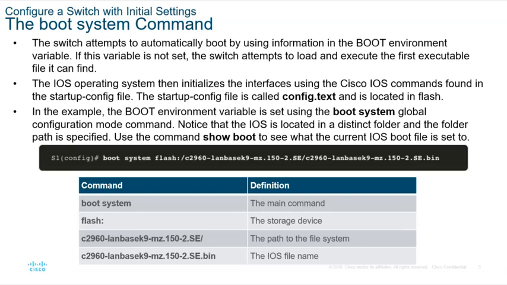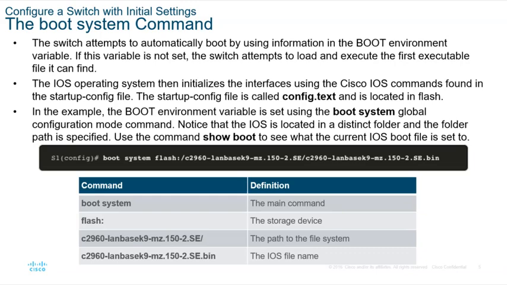So the boot sequence, the boot system command. The switch attempts to automatically boot by using information in the boot environment variable. If this variable is not set, then the switch attempts to load and execute the first executable file it can find.